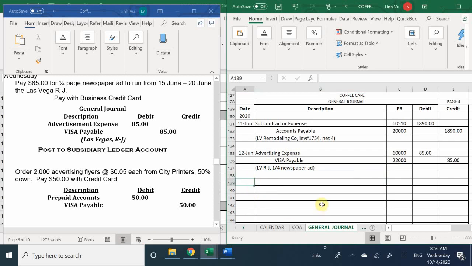with our credit card. So in this case, I'm going to go ahead and journalize the date. And we're going to also recognize a prepaid account because we are making a down payment, or a small deposit.